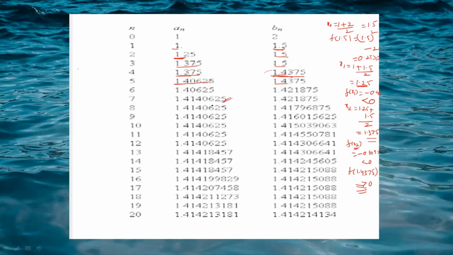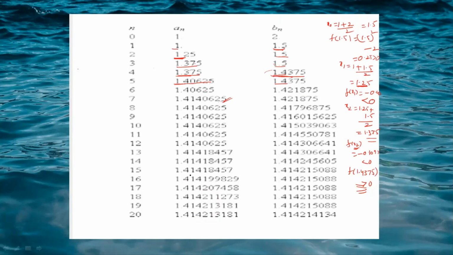So like that, less than 0, greater than 0, less than 0, greater than 0, replace it. If you get a less than 0 value, replace that value with A. If f of that value is greater than 0, replace that value with B. Like that, I did 20 iterations. Almost your root must be approximately 1.41, like 1.4142.